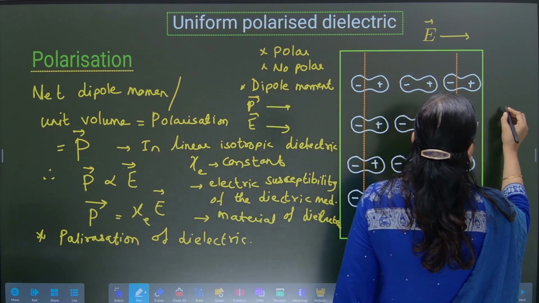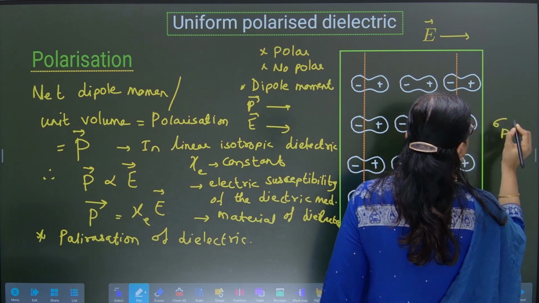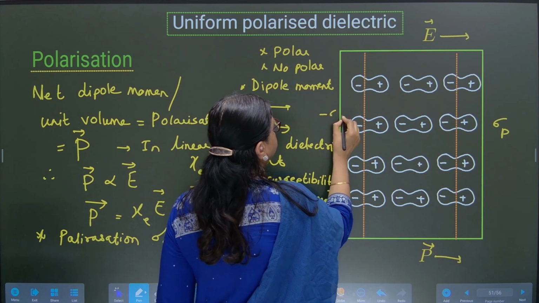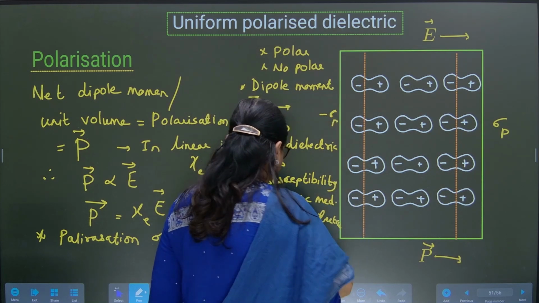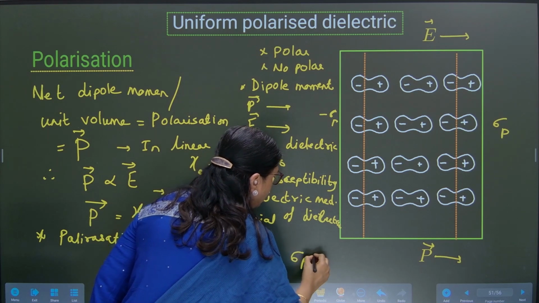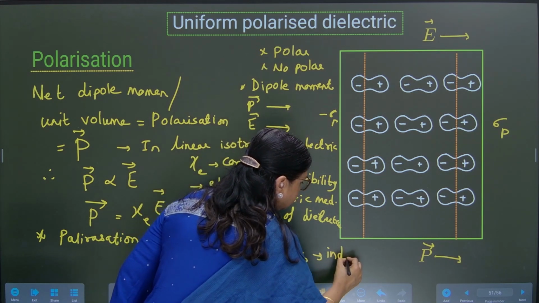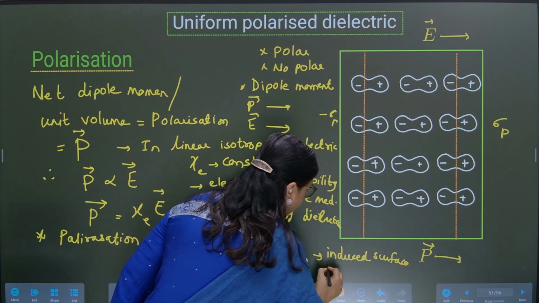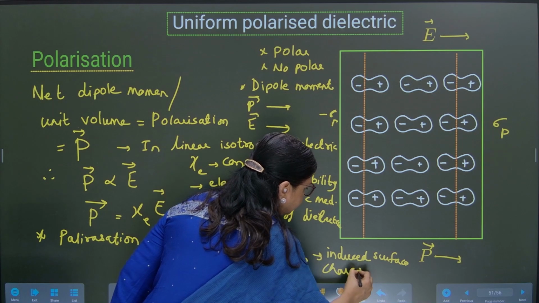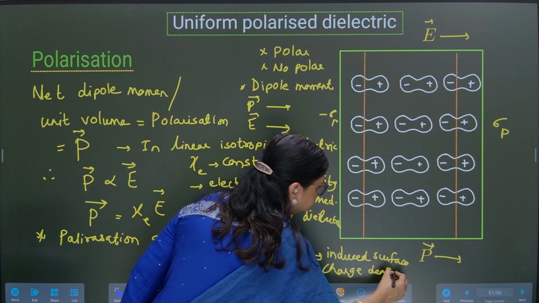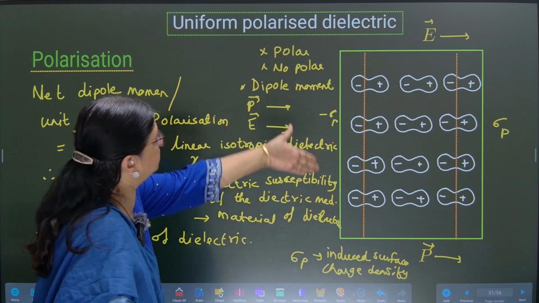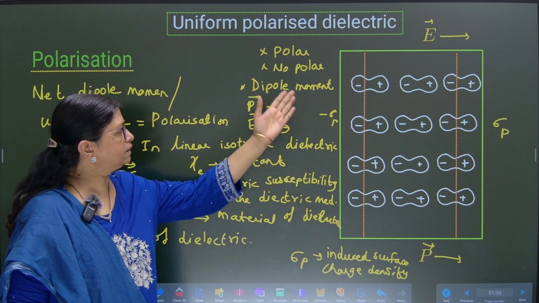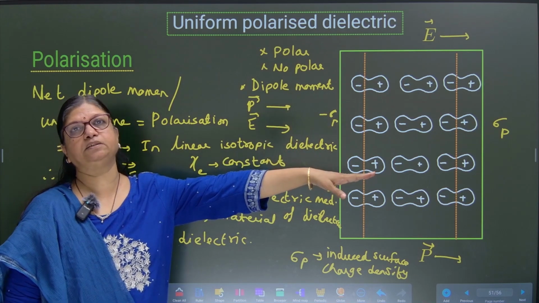So here we can have a positive sigma p and this side we can have a negative sigma p. Okay, the sigma p is called the induced surface charge density, and this particular dielectric is uniformly polarized, where this side is negative sigma p, that side is positive sigma p.